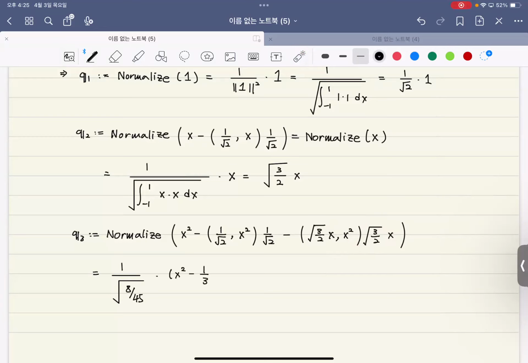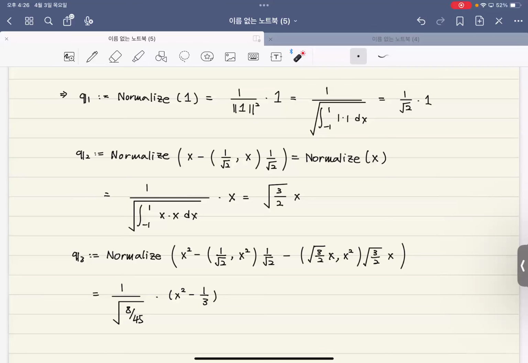So I have these three vectors, which are an orthonormal basis for the subspace V. If you simply ignore all the constants that appear in front of these vectors, we actually have a name for these polynomials: 1, x, and x squared minus 1/3.